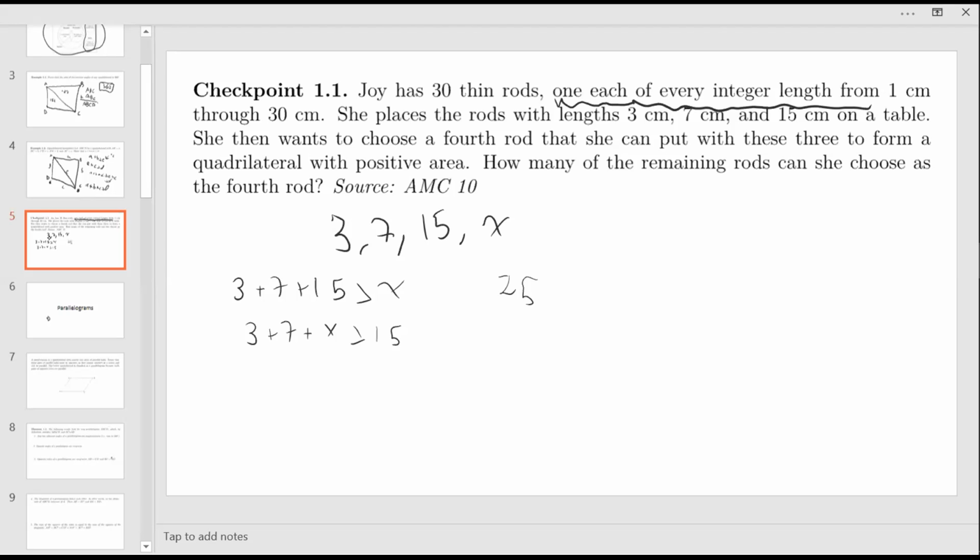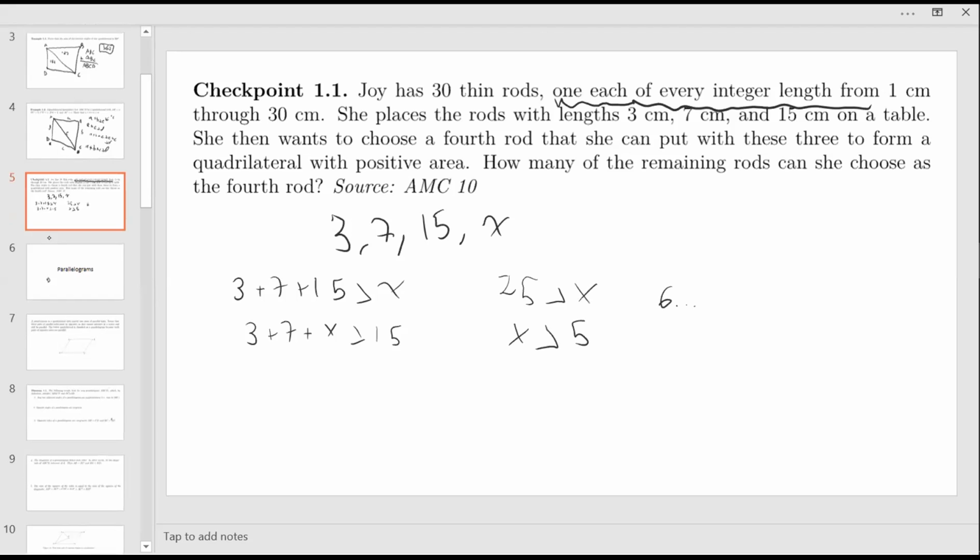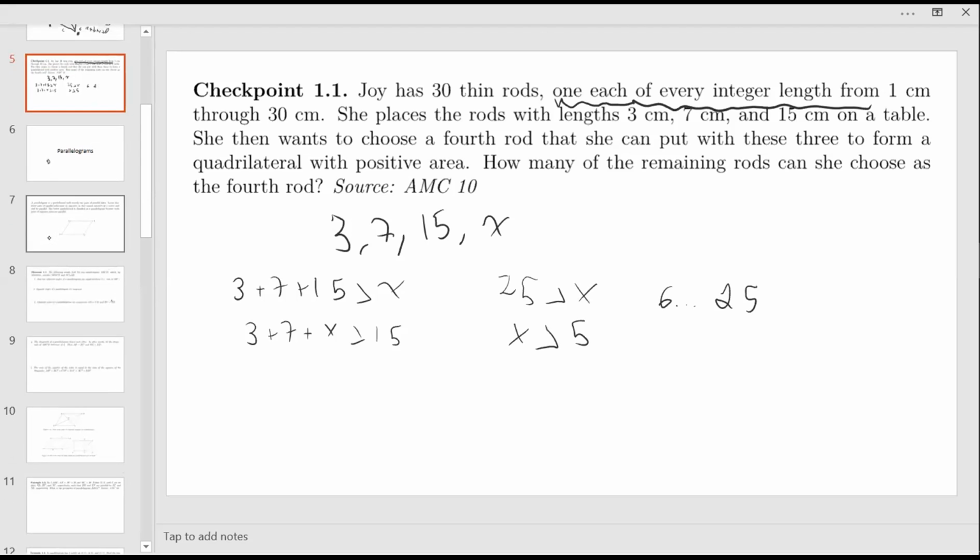25 is greater than X, and X is greater than 5. So X can be from 6 to 24, but keep in mind, X cannot be 3, 7, or 15, so that rules out two of the possibilities from this, namely 7 and 15.